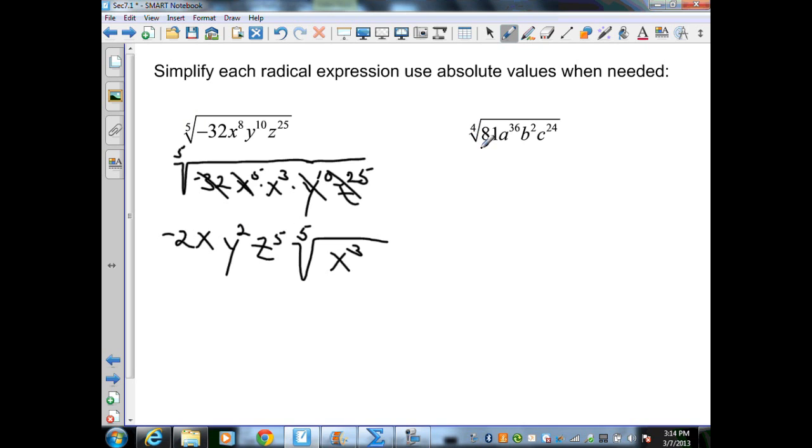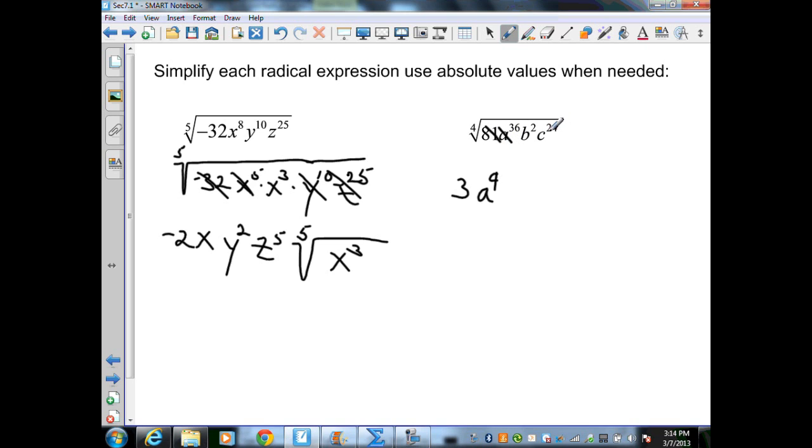Next I have the 4th root of 81 a to the 36 b squared c to the 24th. Here I don't need to simplify any further. On my 4th root of 81 I'm going to have 3. A to the 36, 36 divided by 4 is a to the 9th. B squared will stay inside the radical.